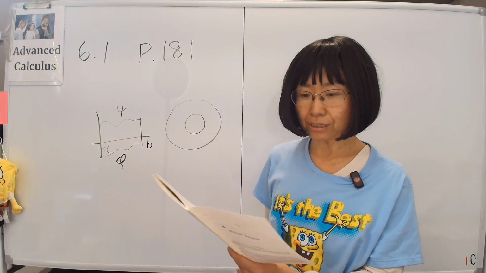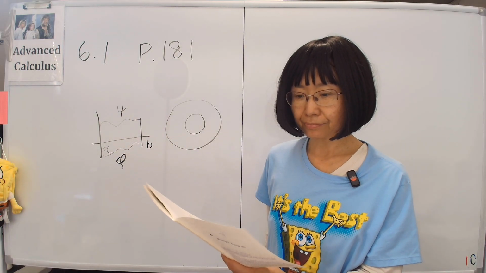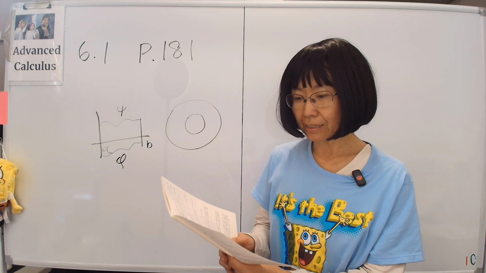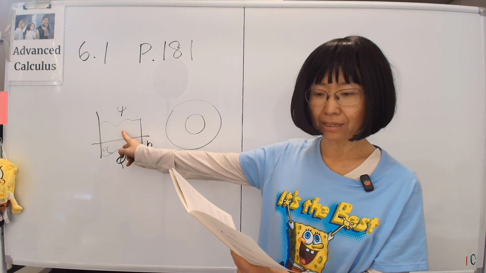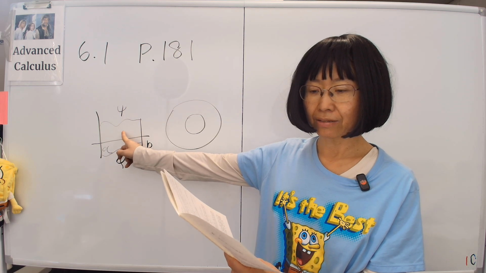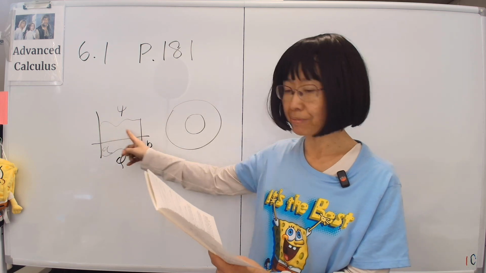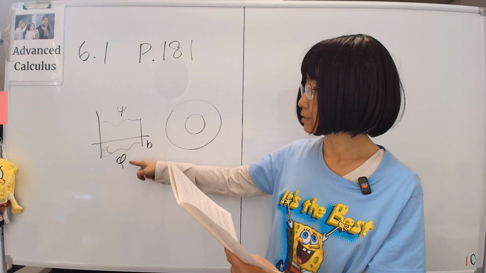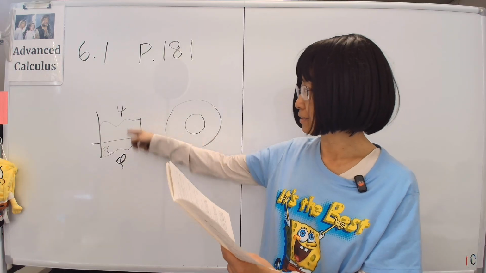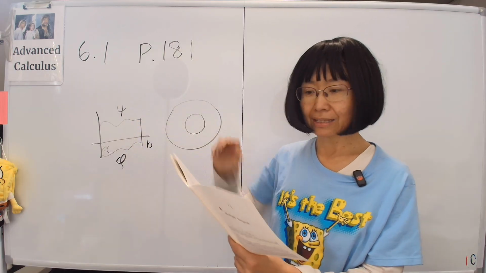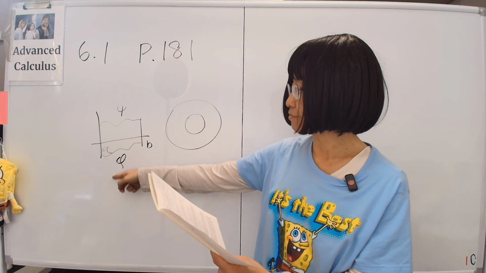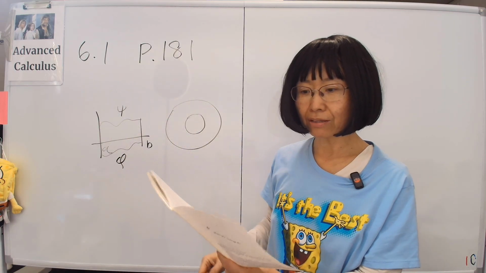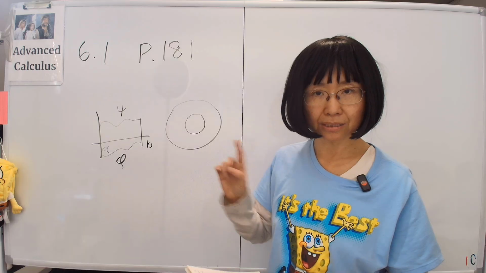Now the region has the property that if (x1, y1) is in this Rx, then x1 will be between a and b, and y1 will be between phi and psi. And then a vertical line, you pick any vertical line, will cut through the boundary of Rx in just 2 points.